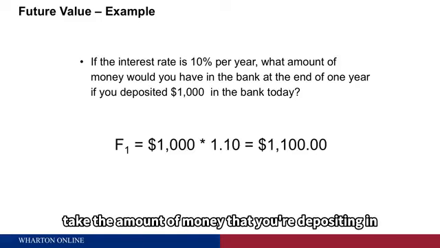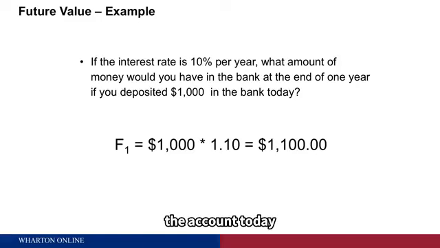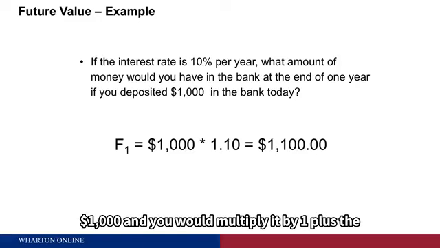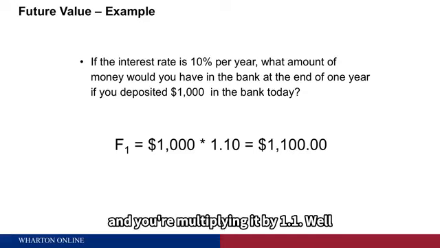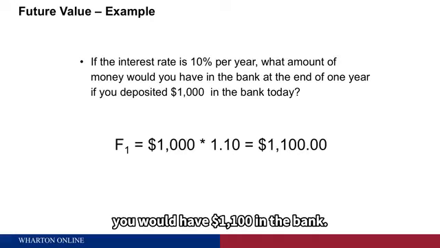You would take the amount you're depositing today, $1,000, and multiply it by 1 plus the interest rate of 10%, which is 0.1. So you're taking 1,000 and multiplying it by 1.1. What that means is at the end of the year, you would have $1,100 in the bank.